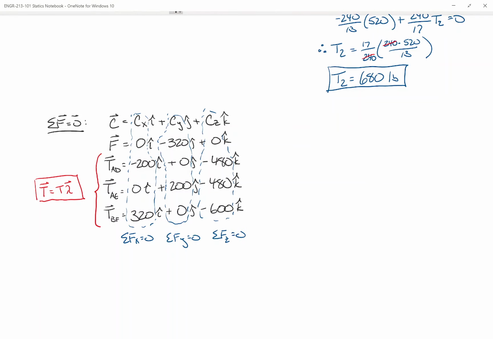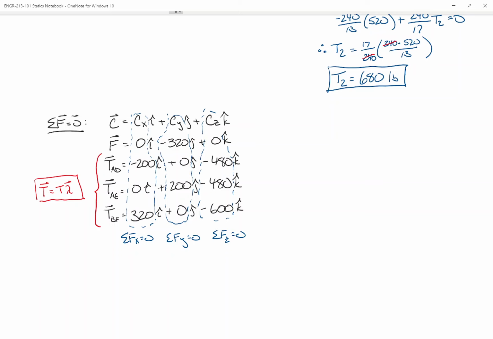And that's going to be pretty easy because, for example, if we look at the x column, I'm going to get CX, what is that, negative 200 plus 320, so CX plus 120 equals 0. So CX is minus 120. So basically just add all these up, flip the sign. That's going to be your answer.